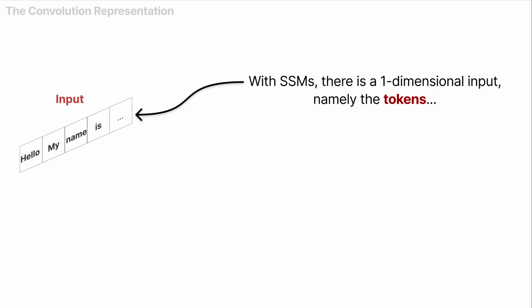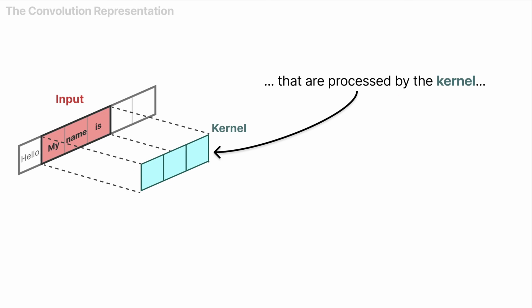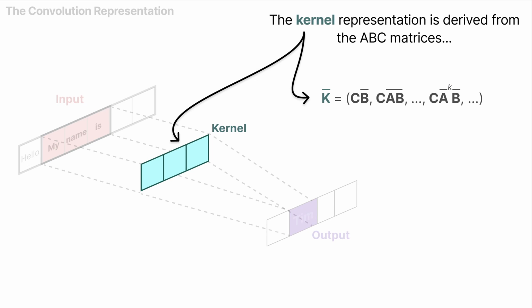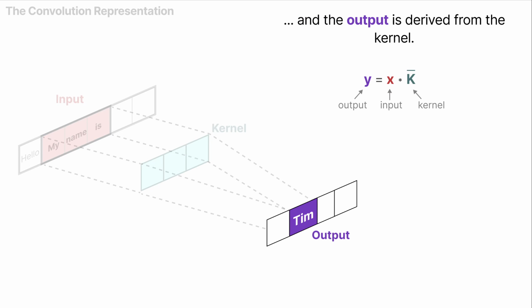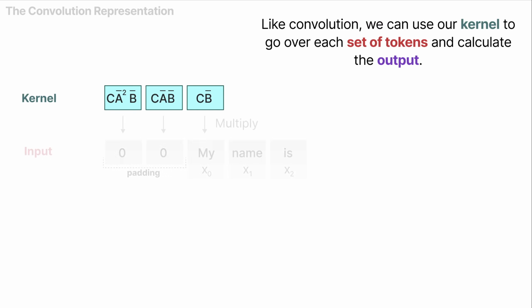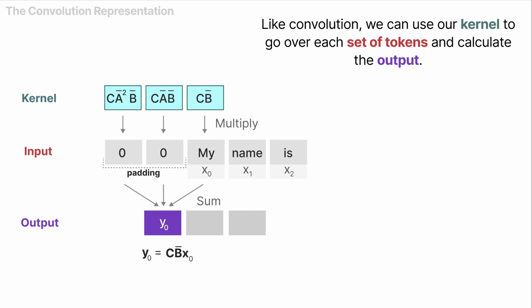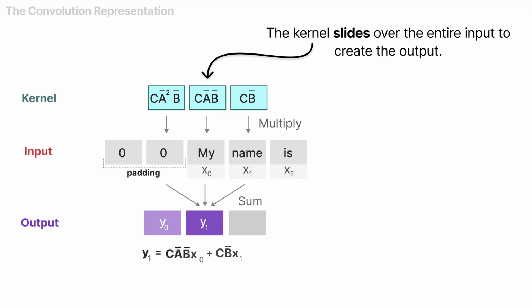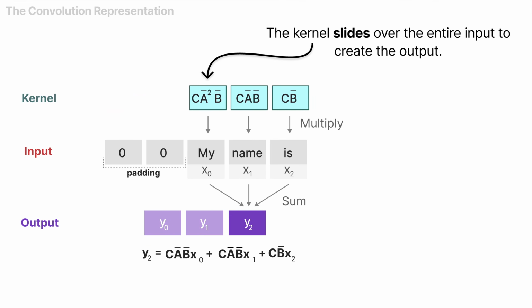With SSMs, there is a one-dimensional input, namely the tokens, that are processed by the kernel to predict the next word. The kernel representation is derived from the A, B, and C matrices, and the output is derived from the kernel. Like convolution, we can use our kernel to go over each set of tokens and calculate the output. The kernel slides over the entire input to create the output.